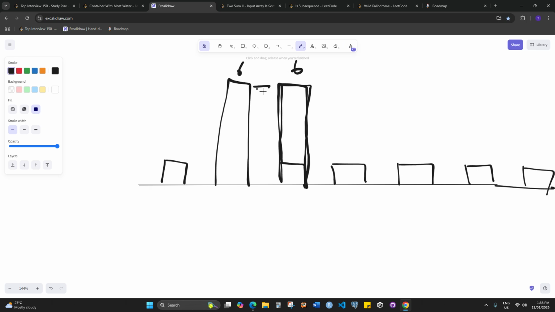The maximum water you can store here is 6, but the maximum water you can store between these ones, 1, 2, 3, 4, 5, would also be 6.